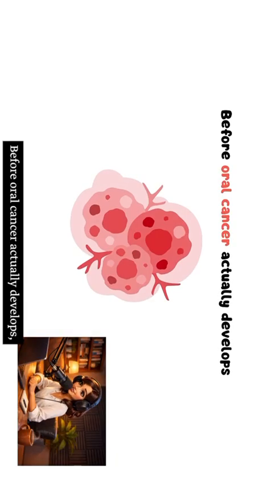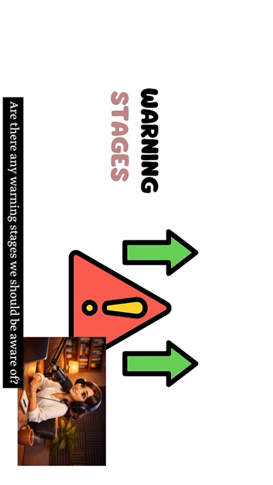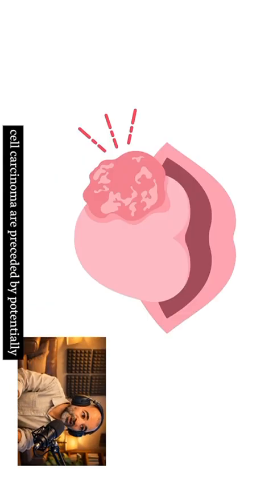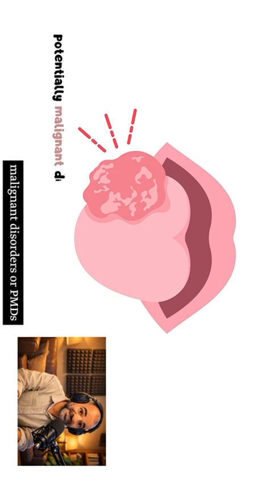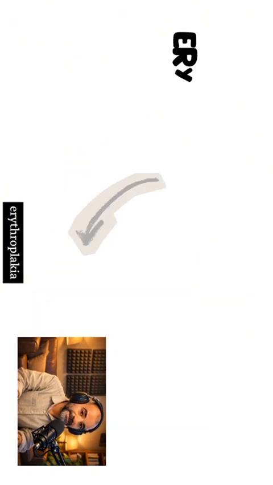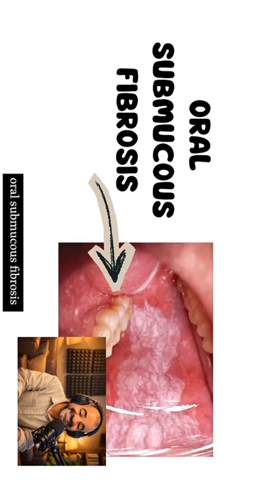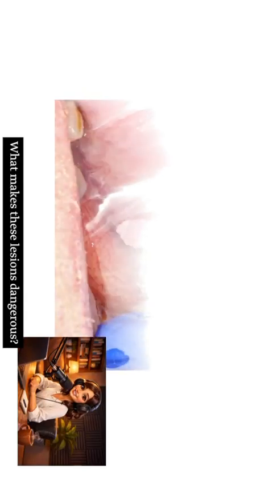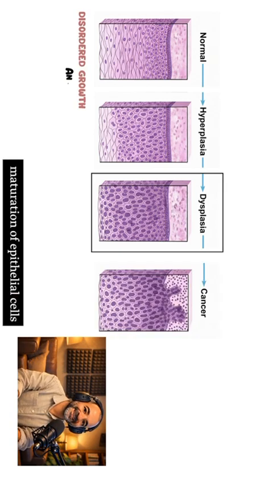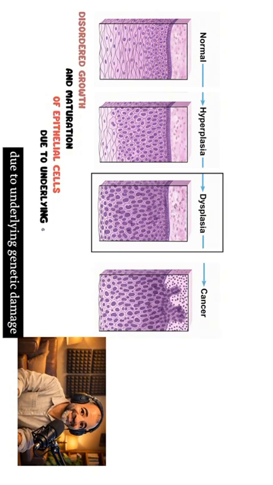Before oral cancer actually develops, are there any warning stages we should be aware of? Yes. Many cases of oral squamous cell carcinoma are preceded by potentially malignant disorders, or PMDs, such as leukoplakia, erythroplakia, oral submucous fibrosis, and lichen planus. What makes these lesions dangerous? These disorders often show epithelial dysplasia, which represents disordered growth and maturation of epithelial cells due to underlying genetic damage.